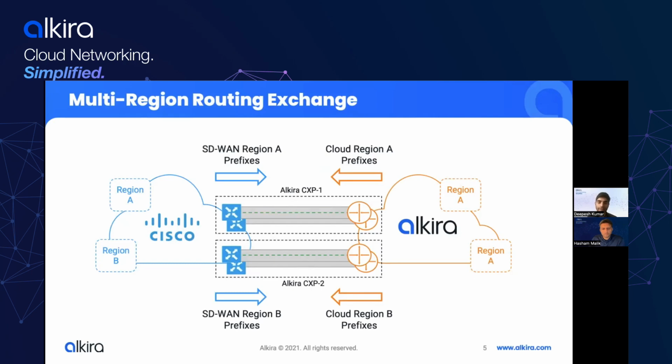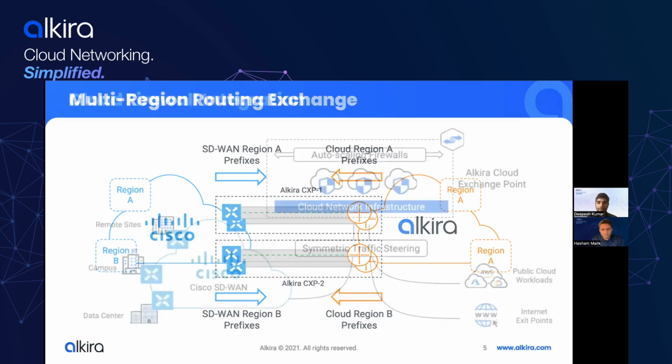On the Alkira side, we have routing policies available to make sure that prefixes are sent in the correct preference, so that traffic symmetry can be maintained end to end. In this way, a regional topology is created so that you have the regional communication happening depending on how the network is set up.